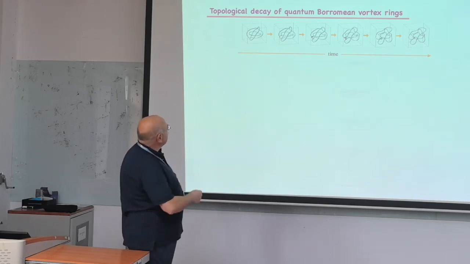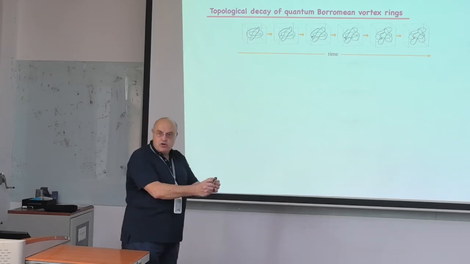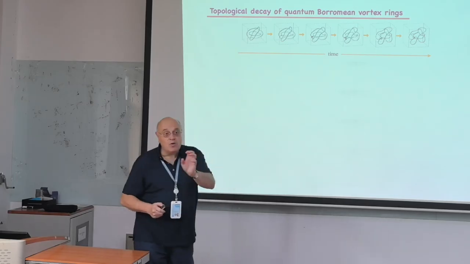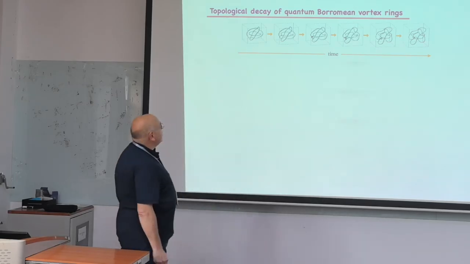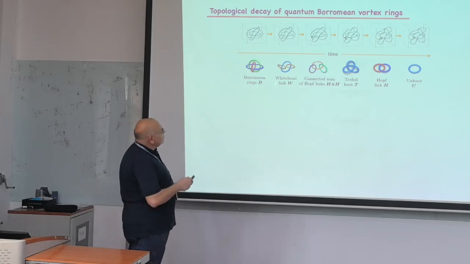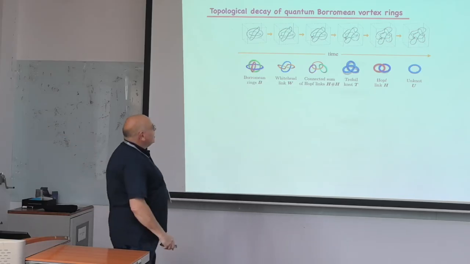So this is the evolution of the Borromean rings in time. If you want to look at the topology, you have to inspect one by one what happens from the numerical simulation. You can identify the initial configuration, and then it goes to what we call a Whitehead link and the connected sum of Hopf links, and then it decays to a trefoil knot, Hopf link, and several loops.